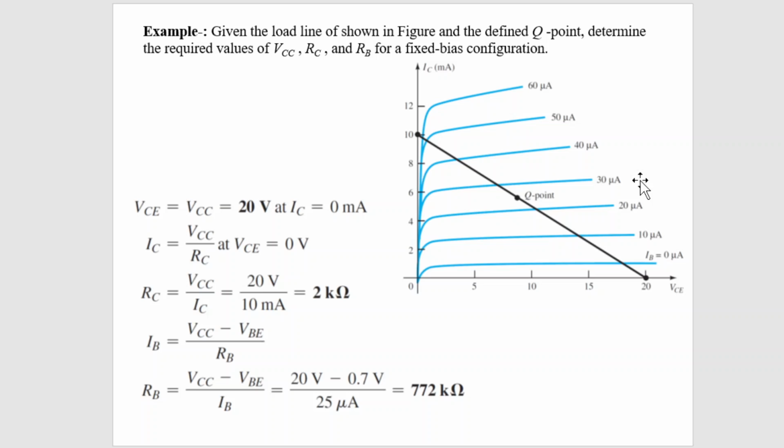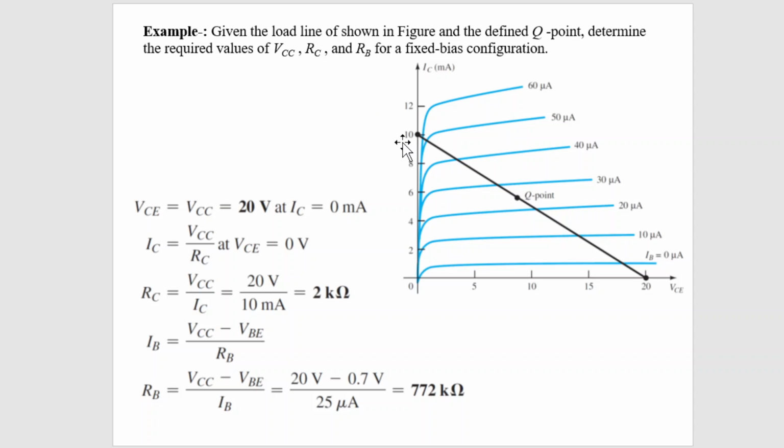By looking at this characteristics curve, one can find the value of VCC, because this is the cutoff point, and we know that VCE cutoff is equal to VCC. That means the DC power supply in the fixed bias configuration is 20 volt. And IC saturation is equal to VCC upon RC.